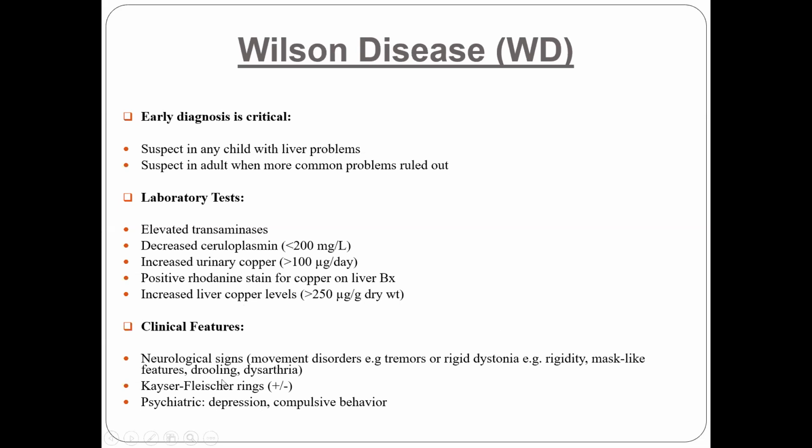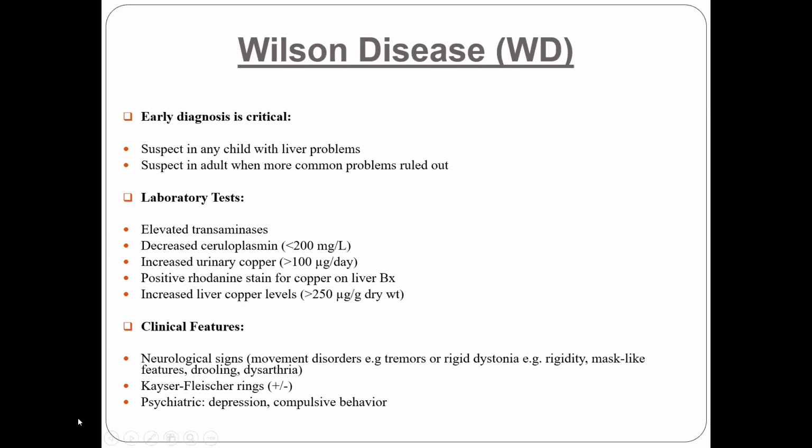Clinical features are going to be the Parkinsonism, so movement disorders, tremor, rigid dystonia, rigidity, mask-like features, drooling, and dysarthria, stuff that you have seen in year 2 neuroscience. So the Parkinsonism, not Parkinson's disease.